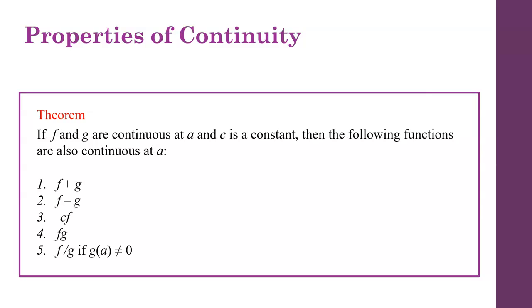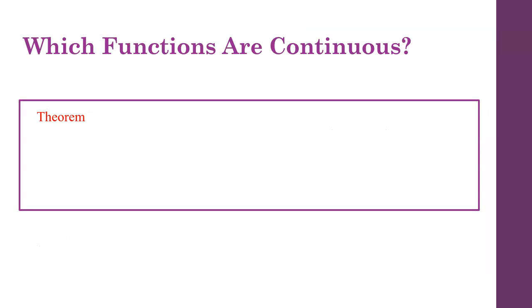Right? So now that we've talked about what it means for functions to be continuous, we're going to talk about which functions that we are familiar with turn out to be continuous. Our first theorem says that any polynomial is continuous on the entire interval of negative infinity to infinity, right?